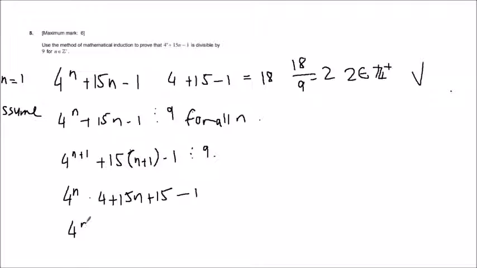We're gonna do 4 to the n times 3 plus 4 to the n. So it's gonna be 4 to the n times 3 plus 15, because I don't want the 15, and then plus 4 to the n plus 15n minus 1.